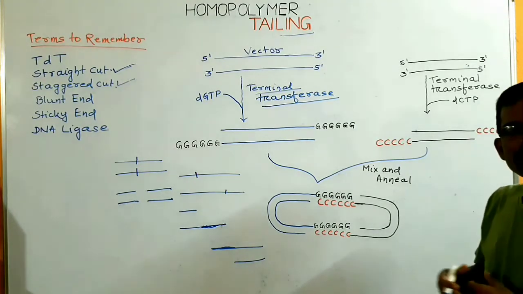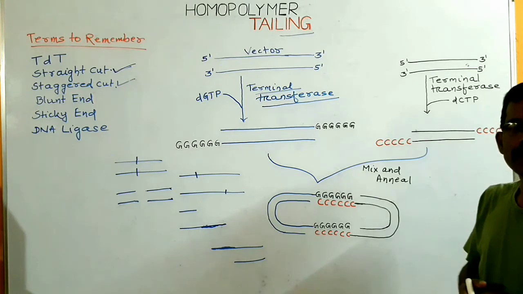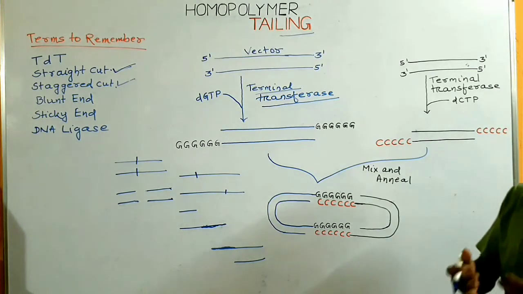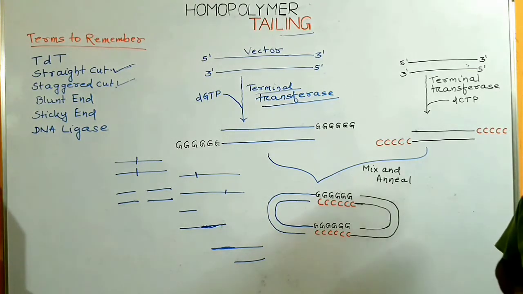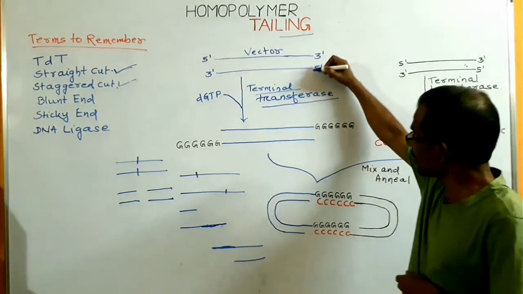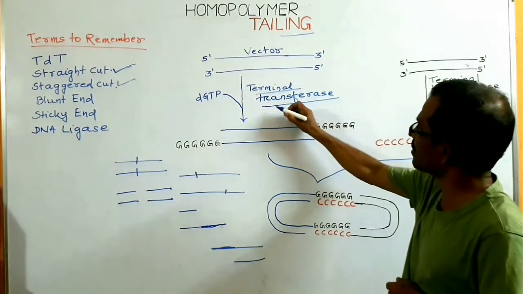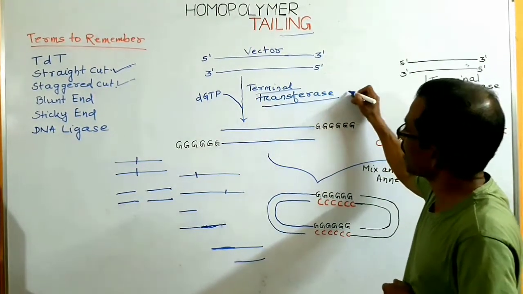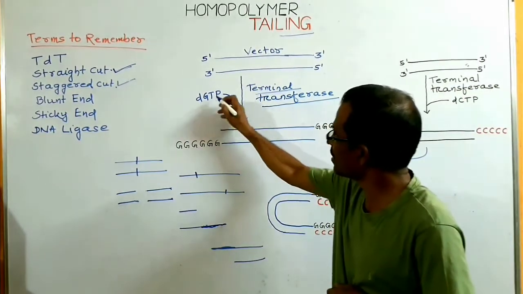So homopolymer tailing facilitates the ligation of two DNA molecules by creating sticky or cohesive ends at the 3' end. This vector is treated with the enzyme terminal transferase and dGTP.